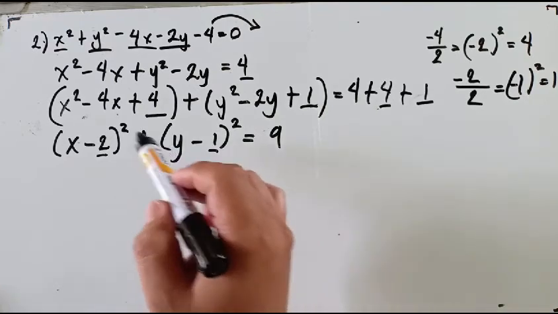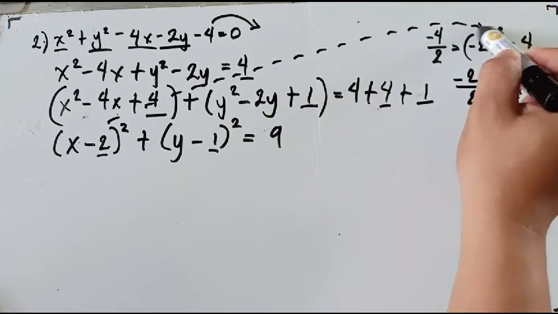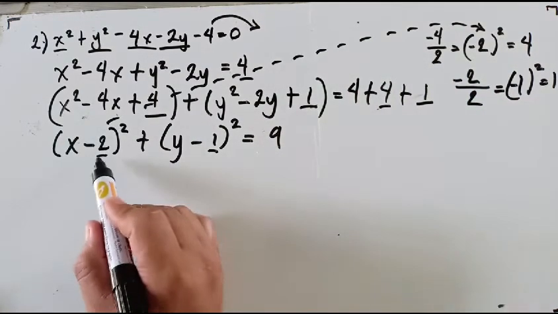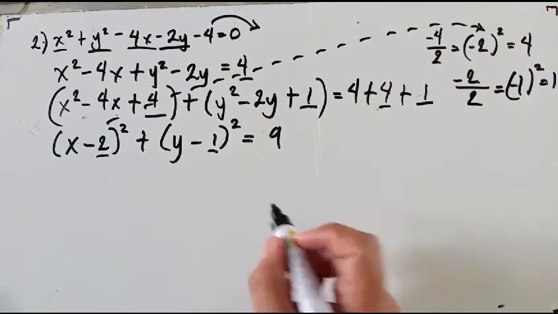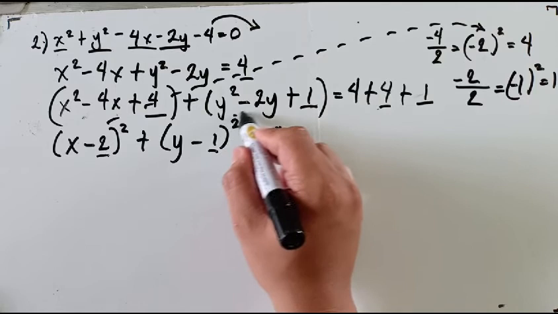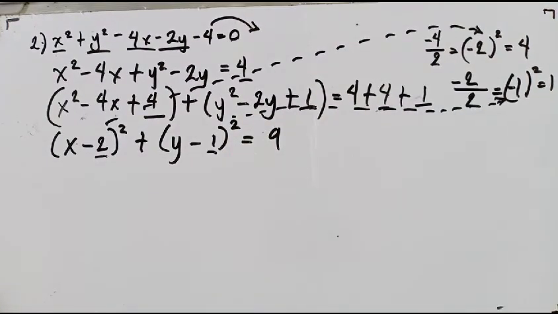If you observe, it's the same as what we got from negative 4 divided by 2. Always, that becomes your factor. Likewise here, we get this negative 1.